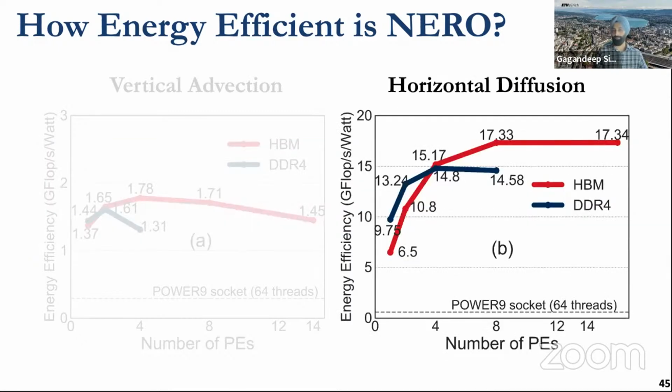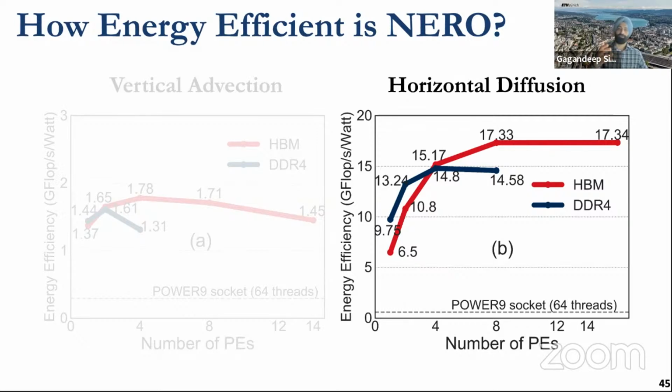And similarly for horizontal diffusion, we showed our energy efficiency analysis over here. We didn't see any degradation in the energy efficiency because, as I mentioned, it's relatively easy to parallelize, and it's really well suited to be accelerated on FPGAs. There have been a lot of works showing the benefits of horizontal diffusion on FPGA, and people have been following up trying to come up with better accelerators for it.